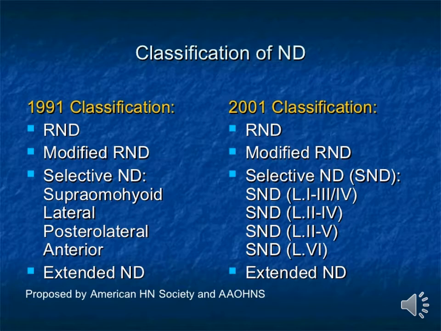The other classification, in 2001, is radical neck dissection, modified radical neck dissection, selective neck dissection, like selective neck dissection levels I to III, I to IV, II to IV, II to V, and VI, and lastly extended neck dissection.